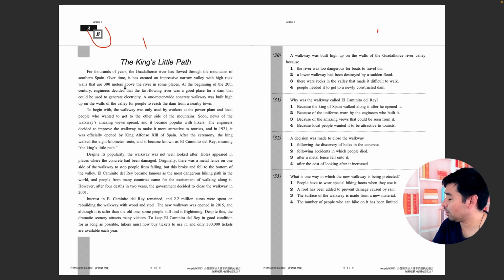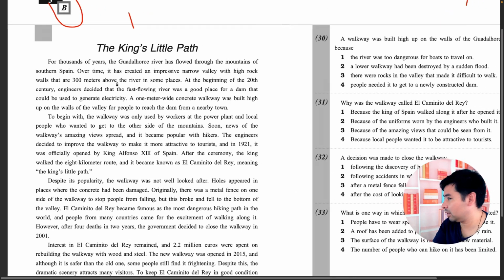Okay, so I'm just going to read a little here for you, just to give you a glimpse of the King's Little Path. So for thousands of years, the Guadalhorce River, I have no idea how to pronounce that name, but something like that, has flowed through the mountains of southern Spain.